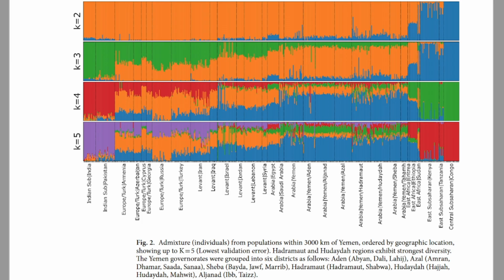For this study, a clear distinction emerges between Southwest Asia, Sub-Saharan Africa, East Africa, and other influences. The study emphasizes K equals 5 because it captures the major genetic influences without unnecessary complexity.